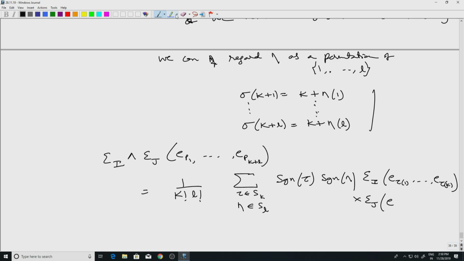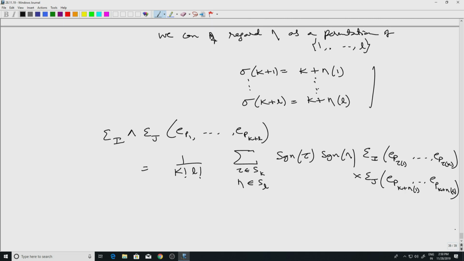Oops, I forgot the P. P tau 1, P tau k, and here I'll have E p k plus eta 1, E p k plus eta L. And so I split it into, the point is that I can write it as a product.